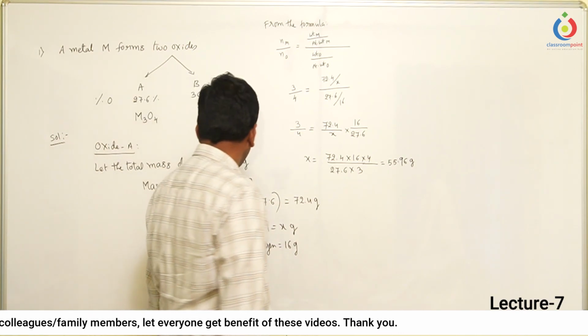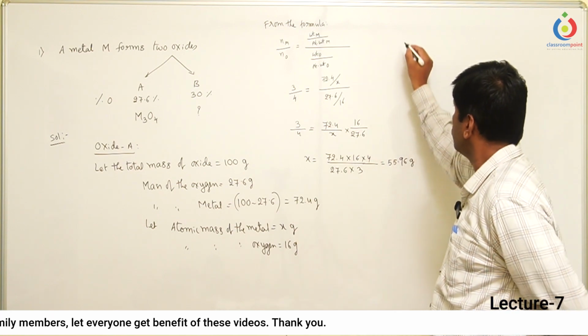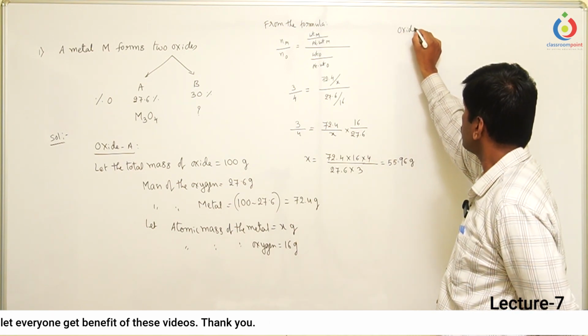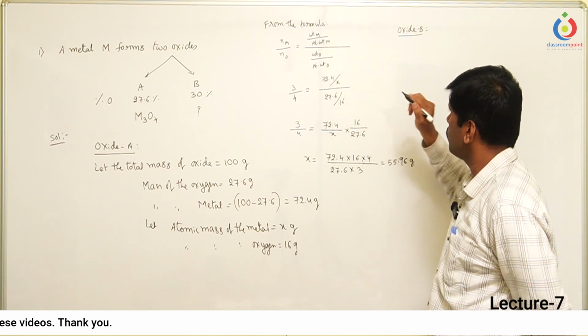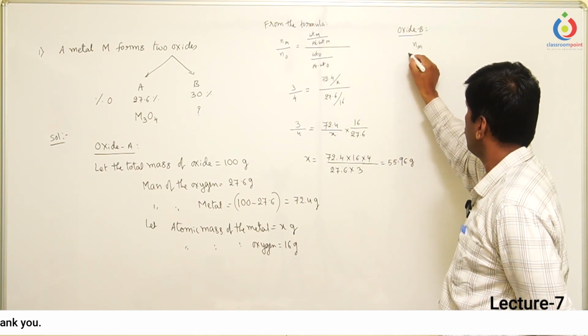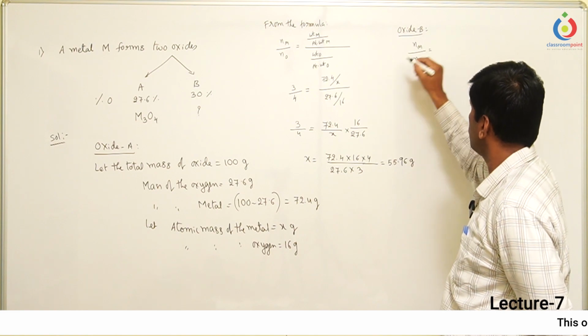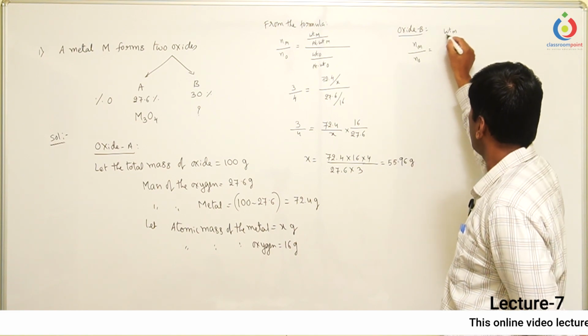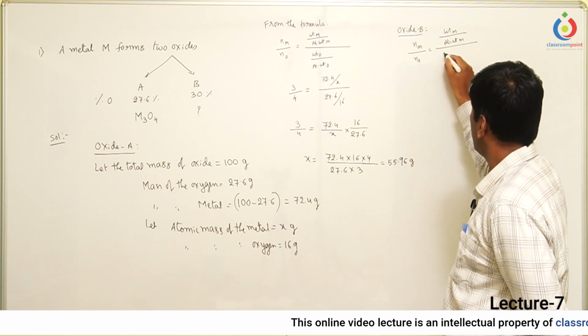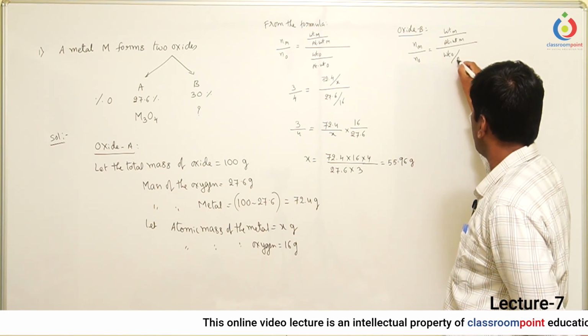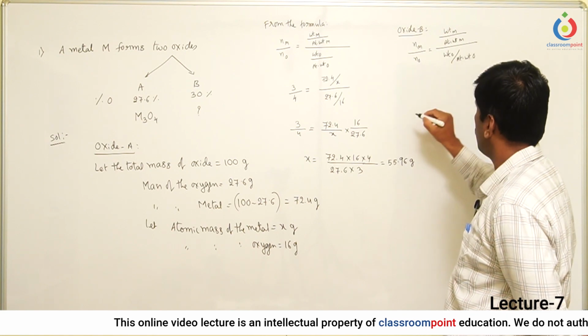So now let us take the oxide B. In oxide B also we use the same formula again. Number of moles of the metal by number of moles of the oxygen equals weight of metal divided by atomic weight of the metal, whole divided by weight of the oxygen divided by atomic weight of the oxygen.